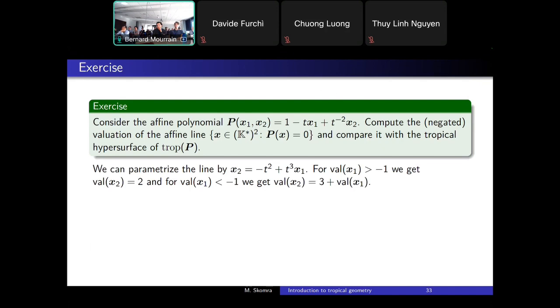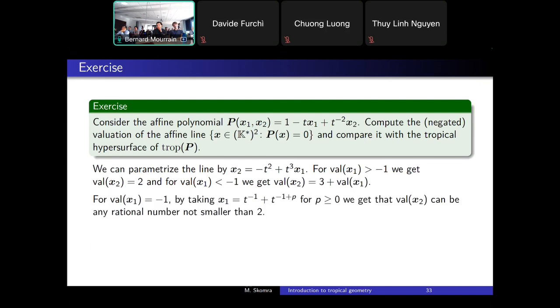Okay. So now there is only one case missing. What happens if the valuation of x1 is exactly -1? In this case, I can have some cancellation between these two terms. So if I take, for instance, this x1 to be t to the -1 plus 1 plus higher-order terms, this is exactly the moment where I have a cancellation, right?